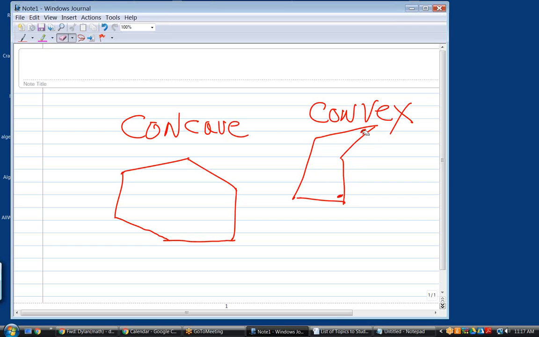Whereas over here in the concave, I can find 2 points inside that polygon, and I can find lots of them, where when I connect them with a straight line, that straight line passes outside of the polygon. Okay. So, let's see if we can figure out a method of memorizing this for both of us.